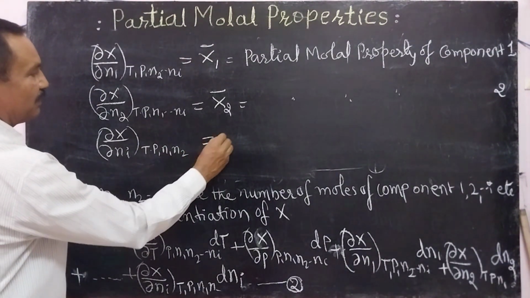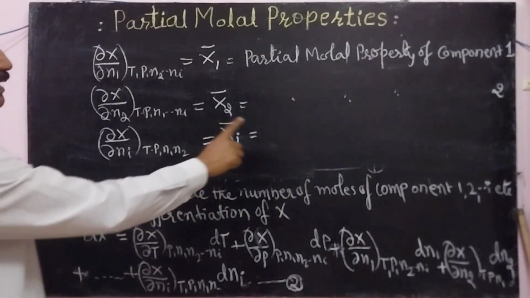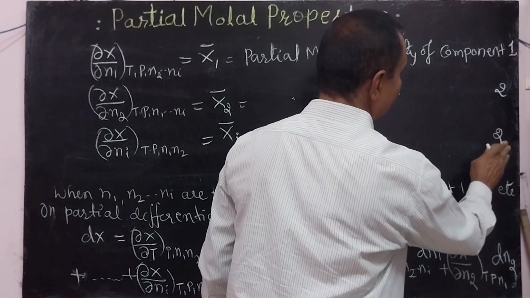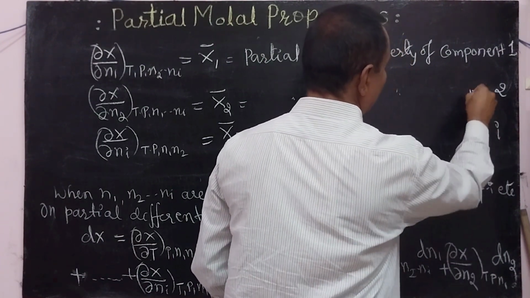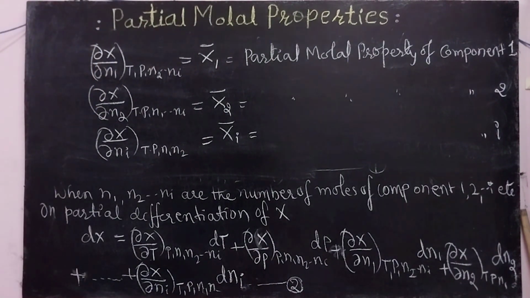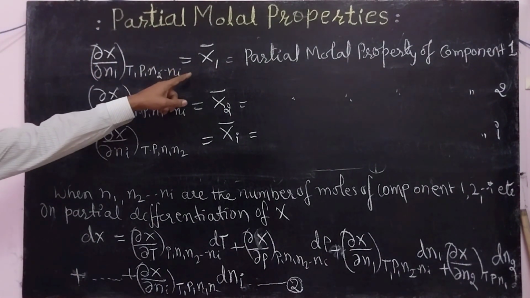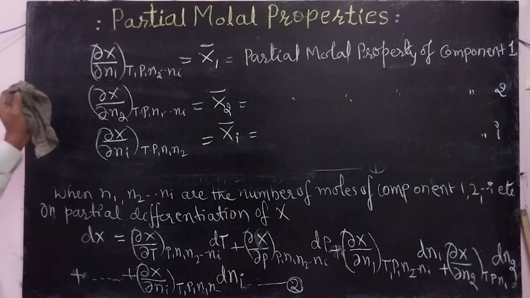This is represented as Xi bar, the partial molar property of component i. In this way, the partial molar quantities for different components can be represented symbolically.